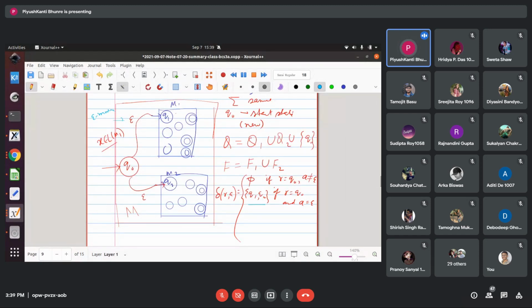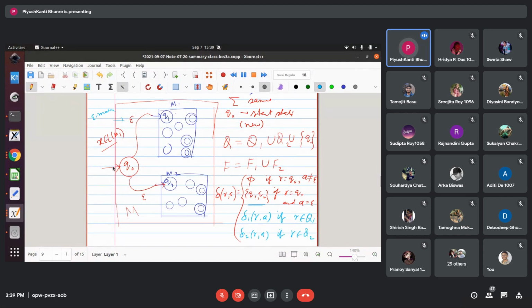So this particular part is equal to delta 1 of R, A if R belongs to Q1, and delta 2 of R, A if R belongs to Q2.